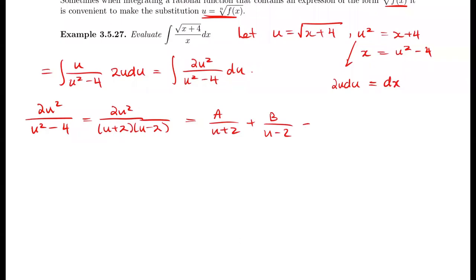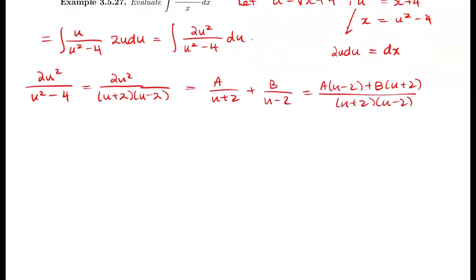So first one, we have a times u minus 2 plus b times u plus 2, all this divided by u plus 2, u minus 2, which then equals au minus 2a plus bu plus 2b, all this divided by u plus 2, u minus 2.